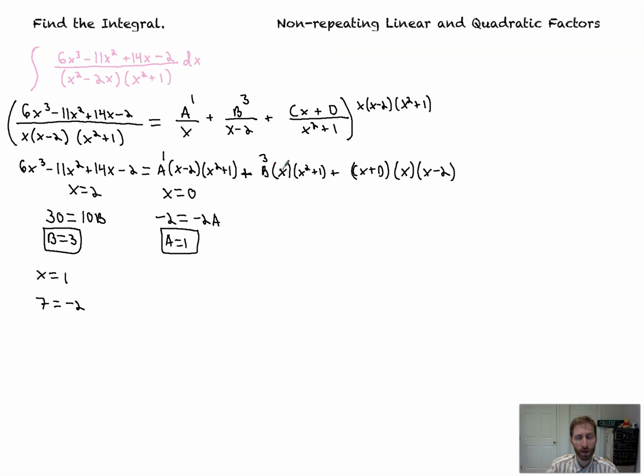This is 3 times 1 is 3, times this will be 2 when you plug in 1, is 6. Plus, and now we're plugging in 1, so that's going to be negative 1. Negative 1 times 1 is negative 1. And this will be c plus d. So that's minus c plus d. Ugh. That is terrible. That is really, really bad.